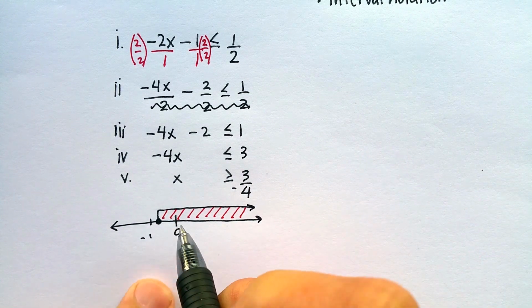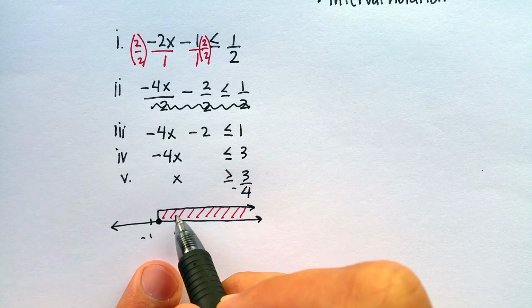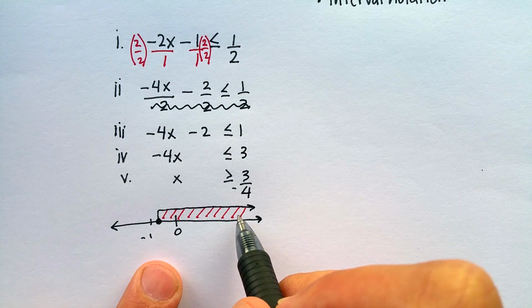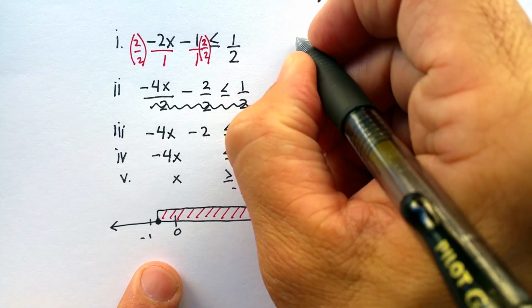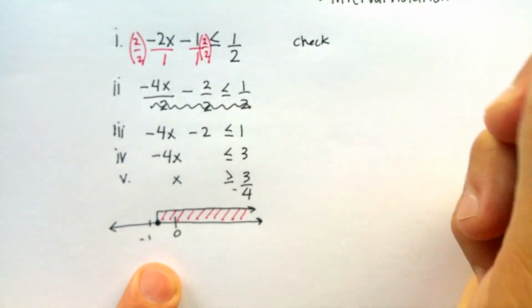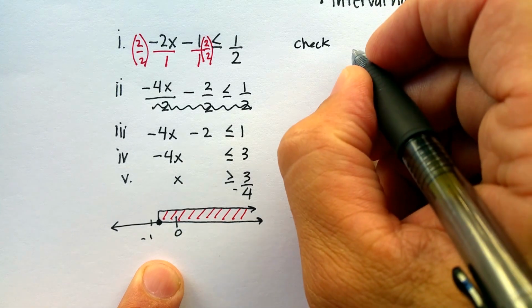Now just to check it, let me choose any number that I've put in here that's been shaded, and it should work in the original problem, right? So let me just do a quick check. All right, let me choose 0, because 0 would be a really easy one to use.